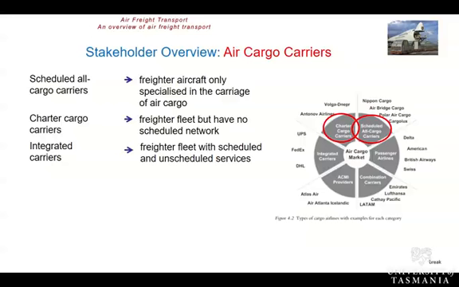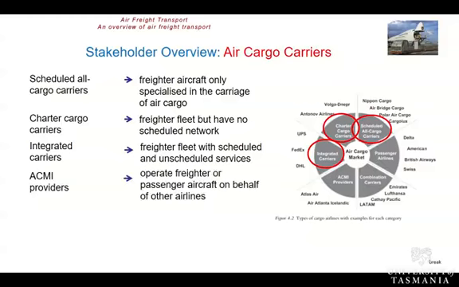Now I mentioned before about express cargo, that's the integrated carrier. So it's a freighter fleet with scheduled and unscheduled services. So UPS, FedEx, DHL are the main operators in that particular area. The fourth area is ACMI providers. Now, ACMI providers operate freighter or passenger aircraft on behalf of other airlines. ACMI is an acronym. I could have easily had that in a definition, but there you go.